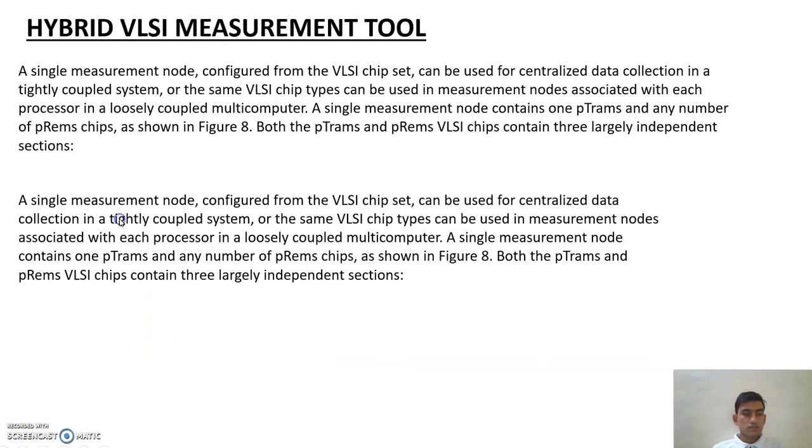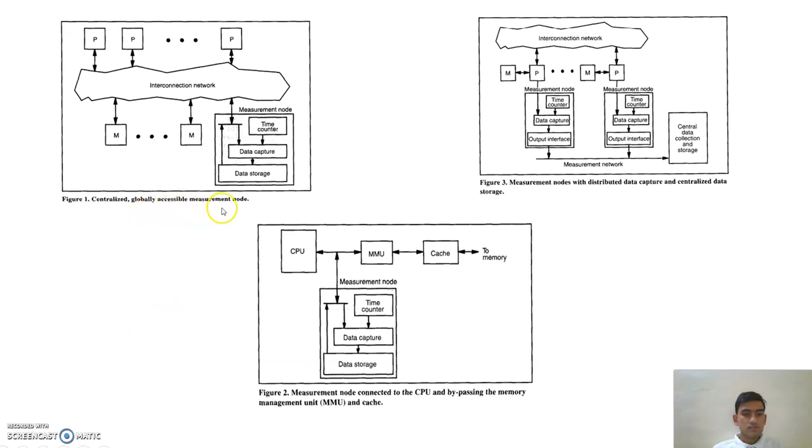The first figure shows the centralized global access measurement node, in which there is an interconnection network connected to a measuring node which contains a time counter, data capture and data storage. And in figure 2, there is a measurement node connected to a CPU, bypassing the memory management unit and cache.